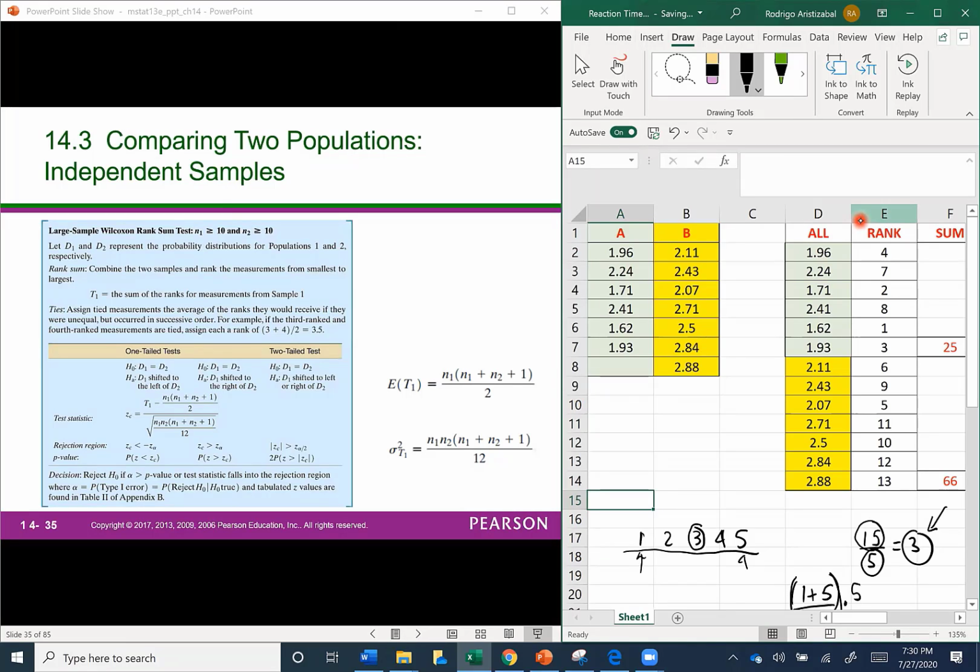But here we have a value in the 8th position, this in the 7th position. But it's possible that in this first sample we have rank number 13, rank number 10, whatever. We can obtain this value in different ways.